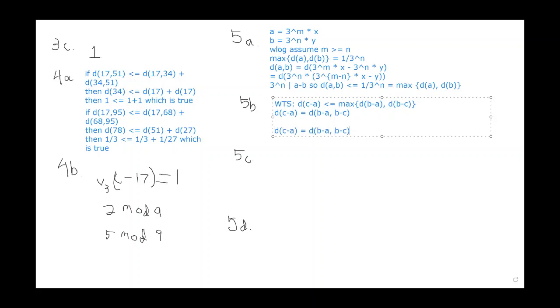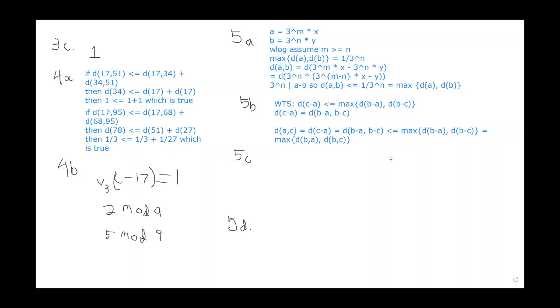So d of C minus A equals d of B minus A, B minus C, which by 5A is less than or equal to the max of d of B minus A, d of B minus C, and then you can translate this back into d of BA, d of BC. So you could say something like d of AC equals that, which is less than or equal to the max of d of BA and d of BC, as desired. So, all right, good.